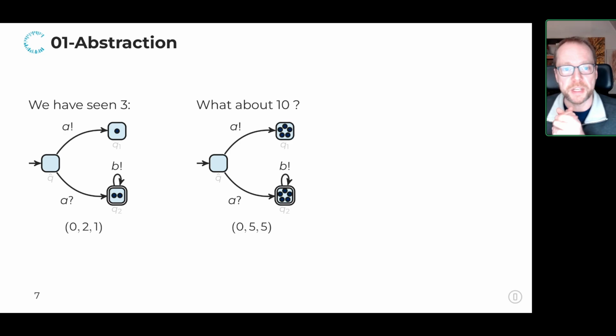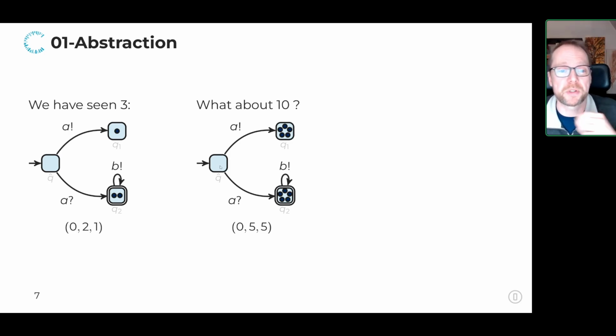Now to our technique. So what is the heart of our technique? It's what we call 0-1 counter abstraction, or simply 0-1 abstraction. So in our example for the lossy broadcast, we have seen a possible step for 3 processes in the initial state. But since we're talking about parameterized systems, there could be any number of processes.